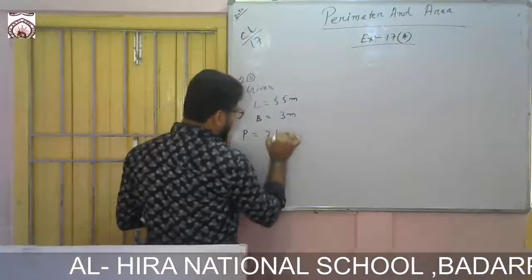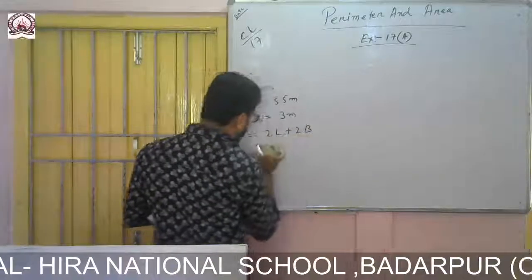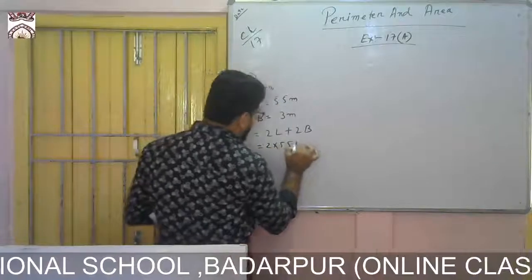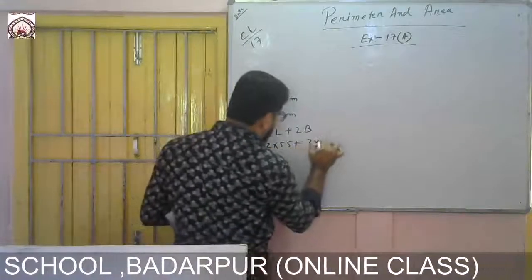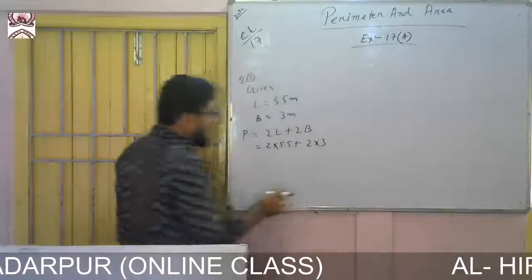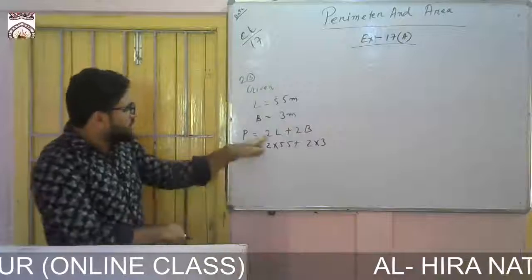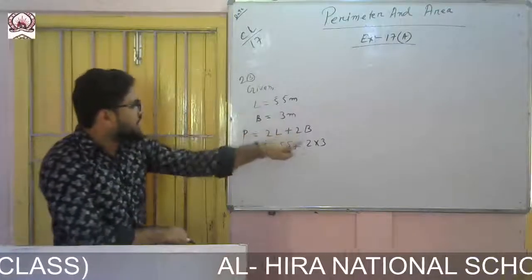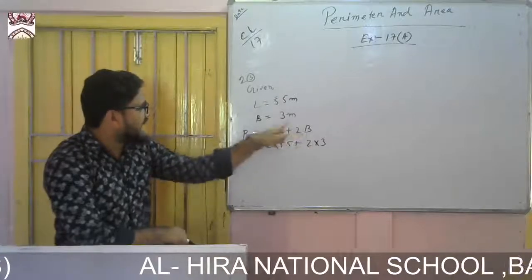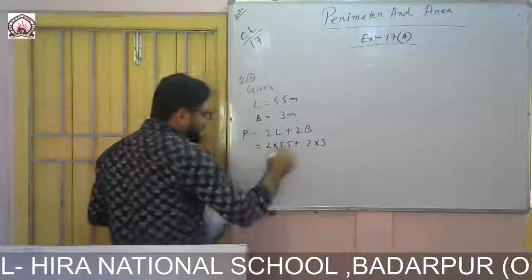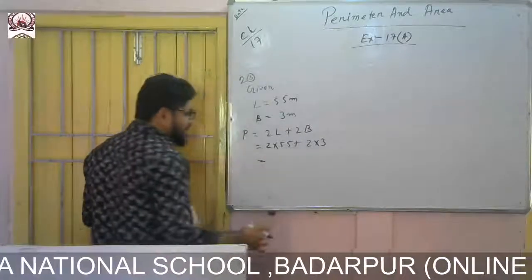We know 2L plus 2B. So 2 into 5.5 plus 2 into 3. 2L, 2 into 5.5, L means 5.5. 2B, in place of B I wrote 3. Now you just multiply.